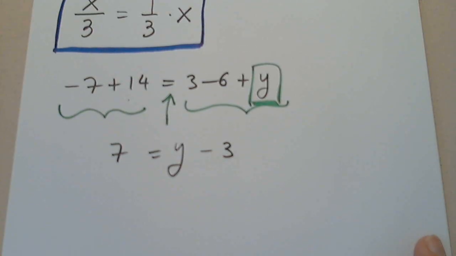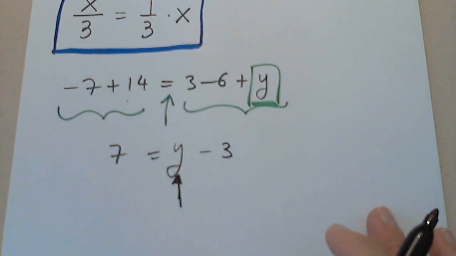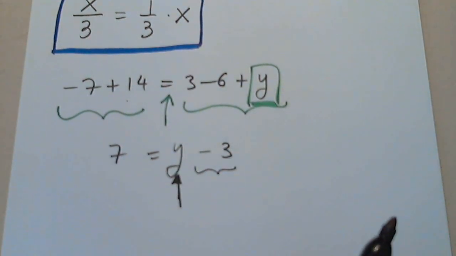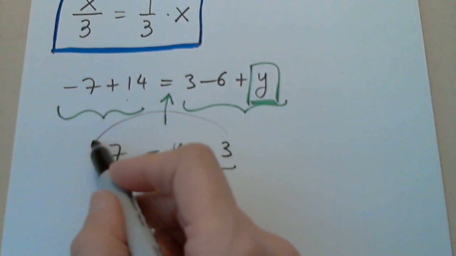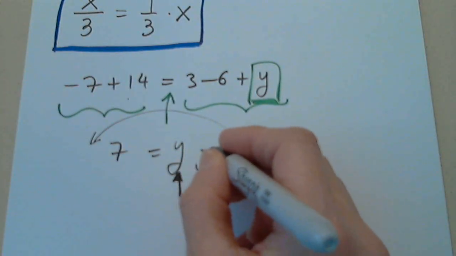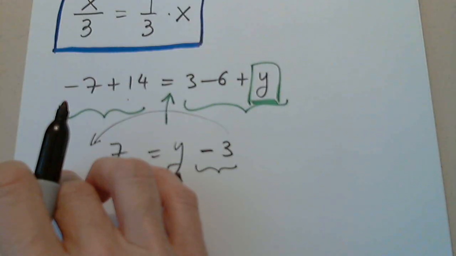What do I do next? Well, this is my target. I want this to go away. I cannot erase it. I can move it to the other side. What does it mean, move it to the other side? It's negative on this side. When I move it to the other side, it becomes positive.